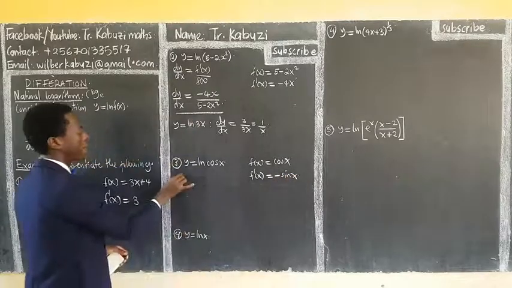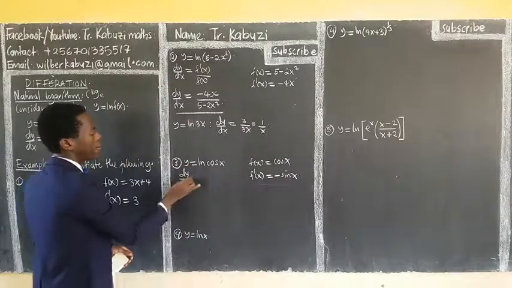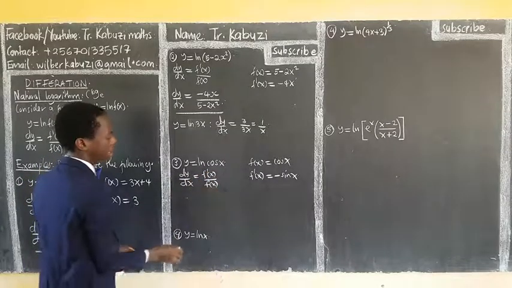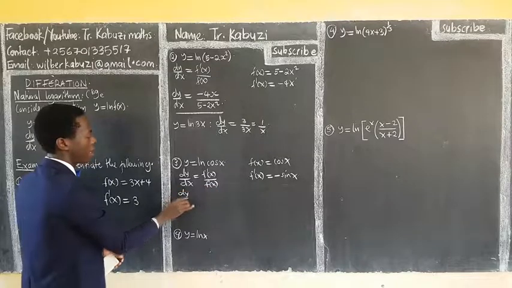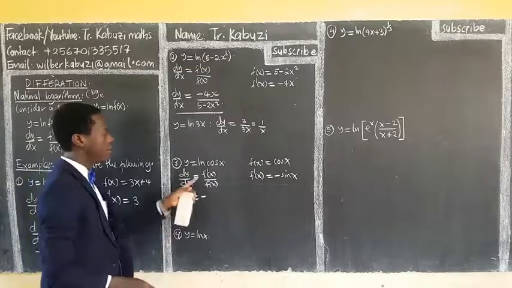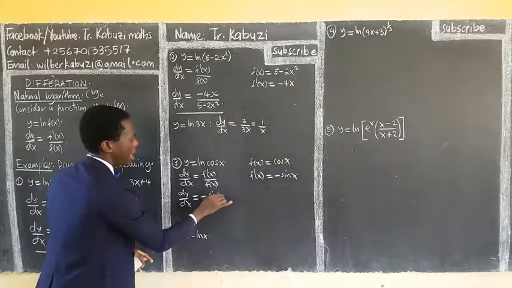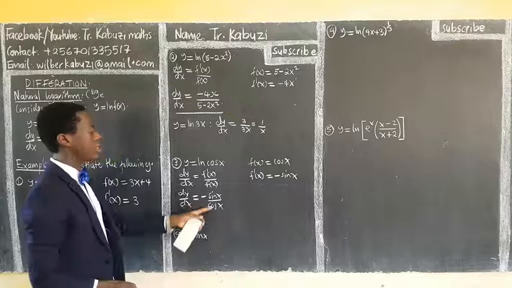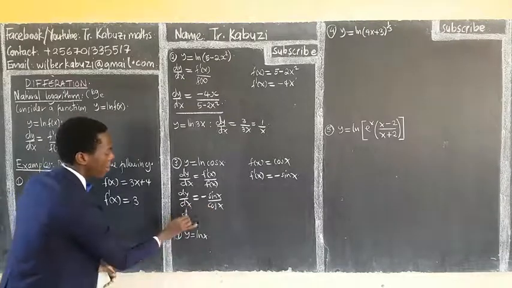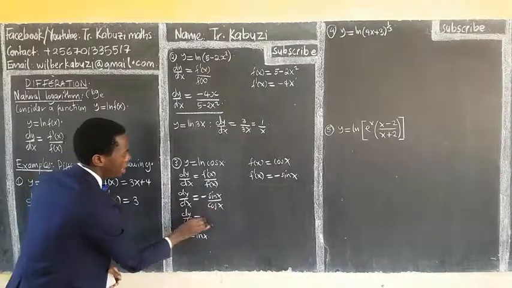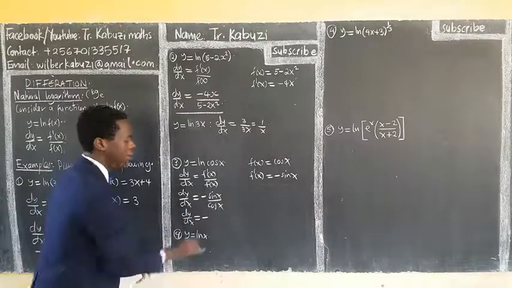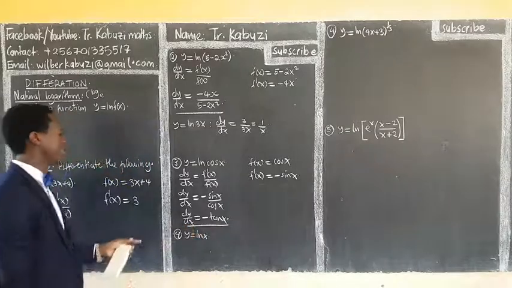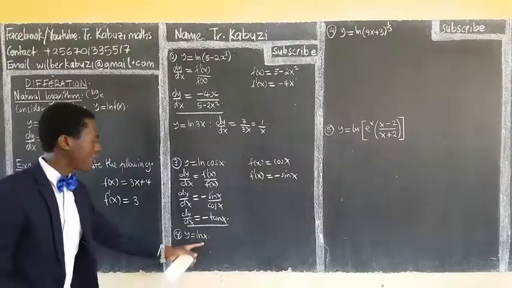So from here, our dy/dx will be f prime of x over f of x, which is negative sin x over cos x. And now this is the proper identity. Negative sin over cos becomes negative tan x. As simple as that.